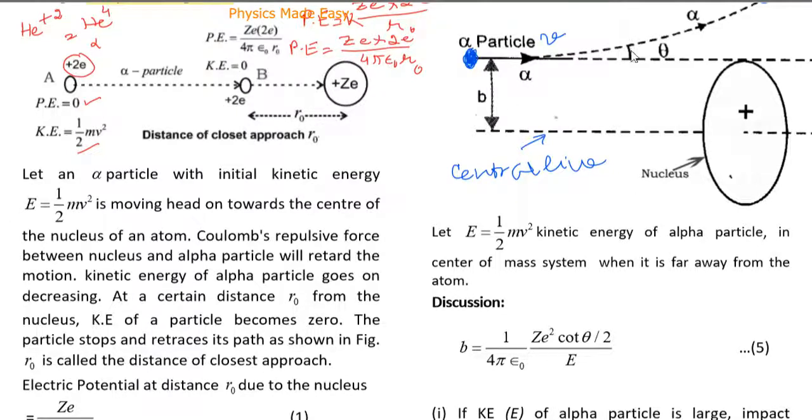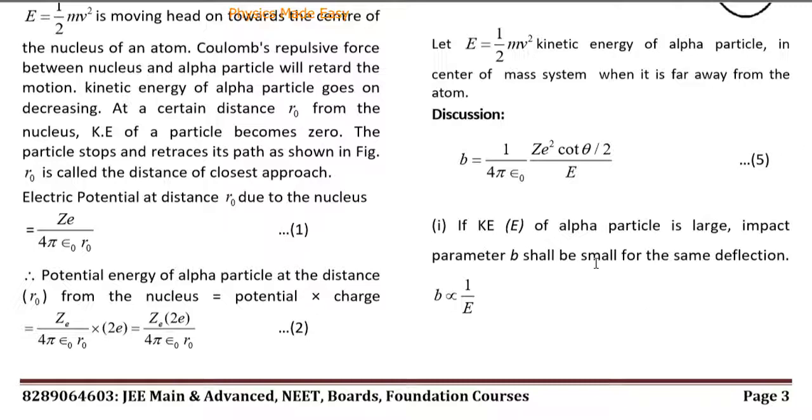So this is the impact parameter, this is the angle theta, and the kinetic energy of the alpha particle at this point is half mv square.